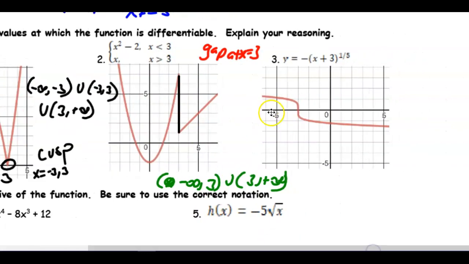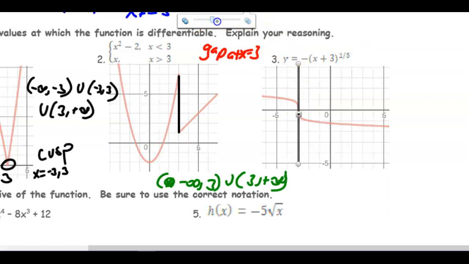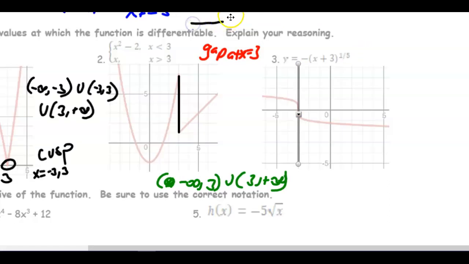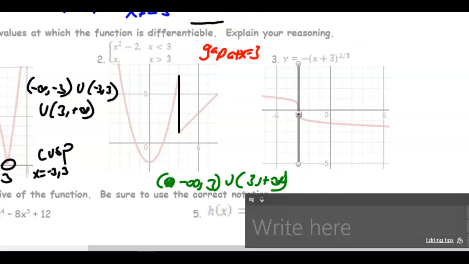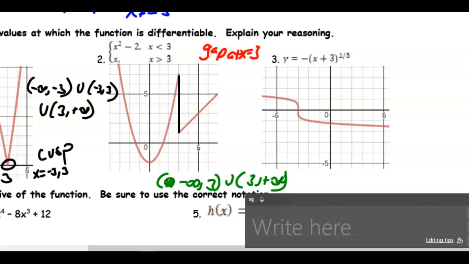All right, then for this last one, let's use the vertical line test. We can adjust it right there. So you notice this line touches multiple parts.